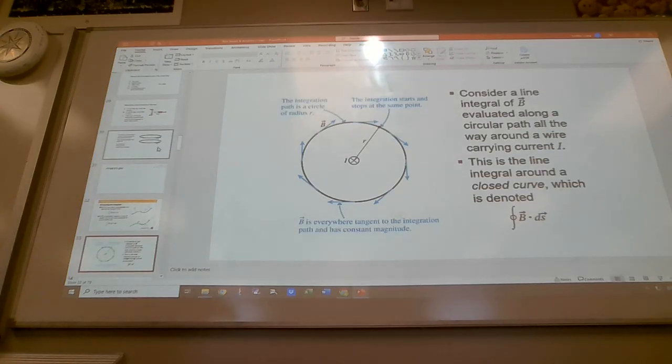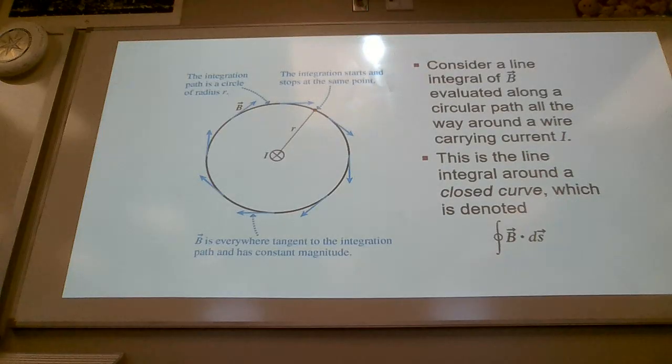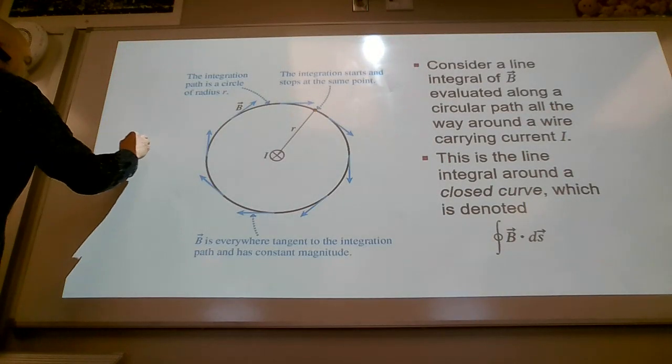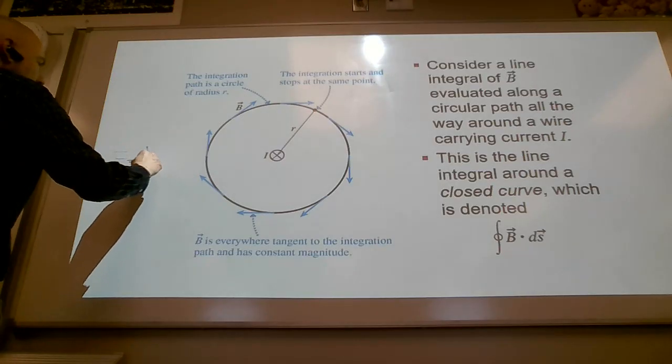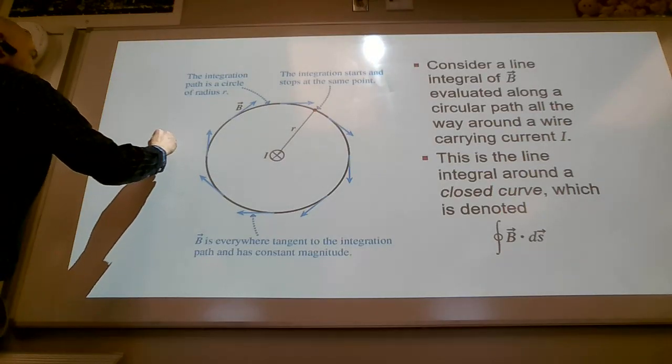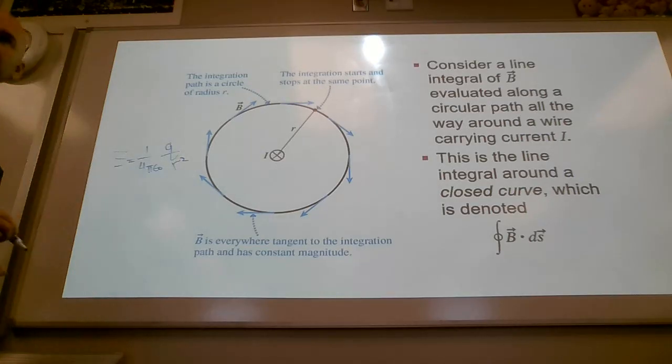So this would be the simplest example. Remember we did a point charge with Gauss's law, and we proved that the electric field is equal to 1 over 4 pi epsilon naught times charge over radius squared.